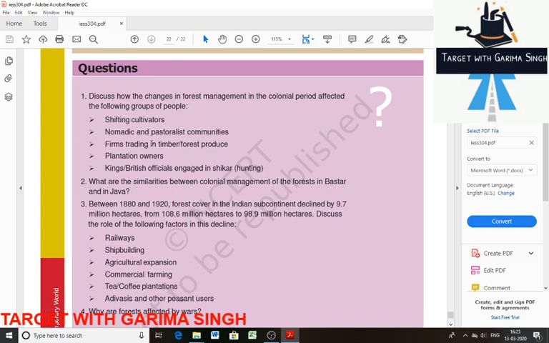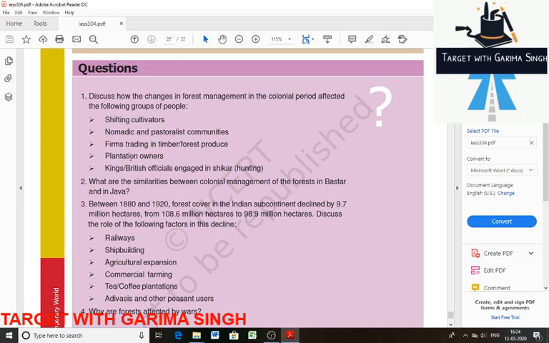Under this amendment, the forests were divided into three categories: reserved, protected, and village forest. Even villagers and local traders in timber and forest produce could not take anything from the reserved or protected forest, which had the best trees. So this affected the traders immensely.